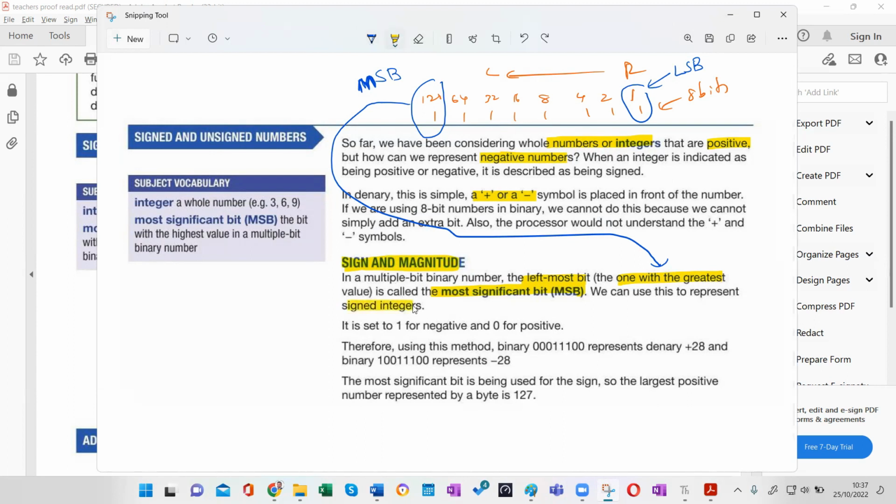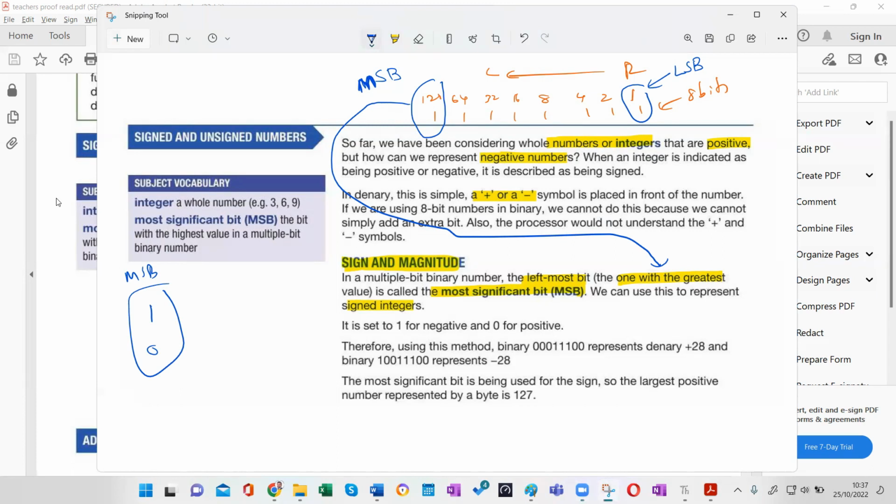Signed integers, what does that mean? If you take the most significant bit, a bit can be either 1 or 0. If we use this most significant bit in an 8-bit binary number to represent whether the number is positive or negative, we have the sign and magnitude method.